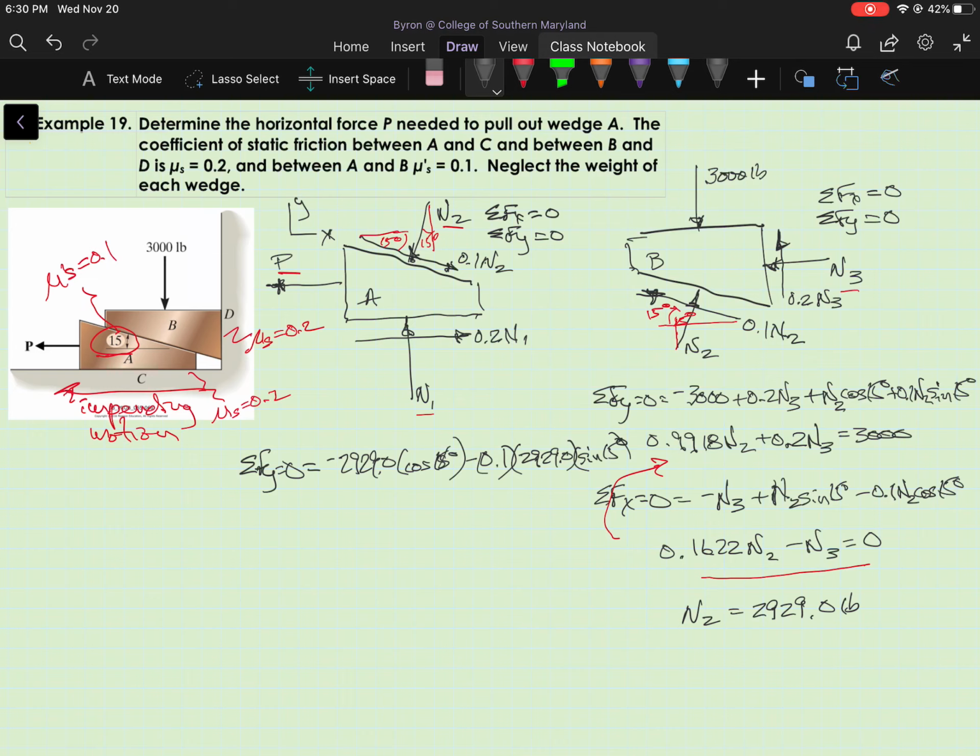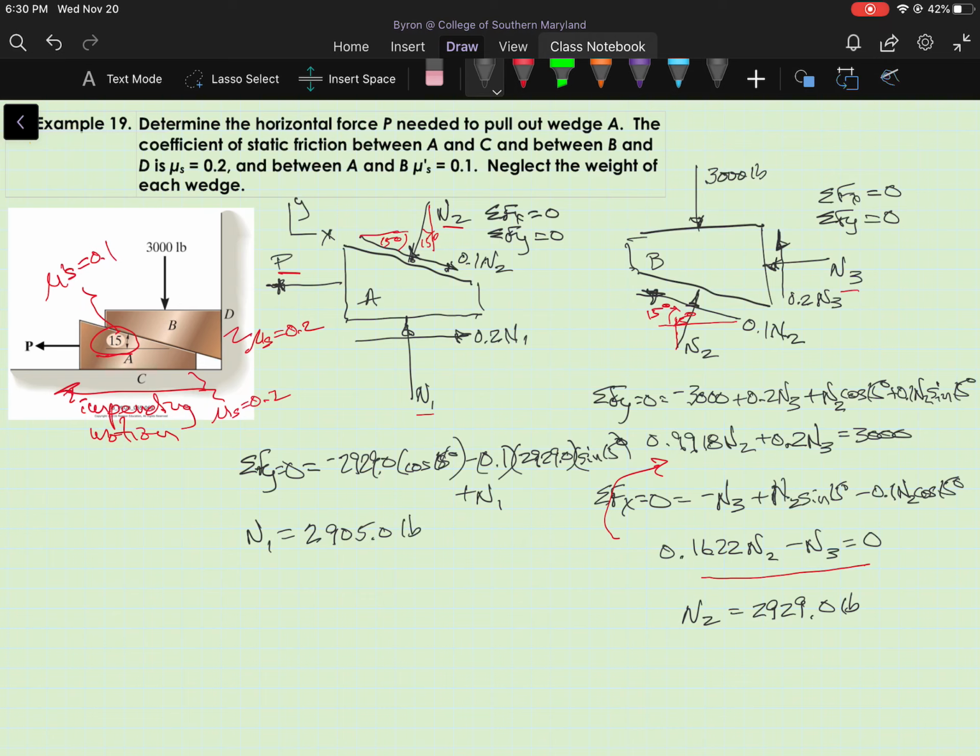I'm sorry, I should have started that equation further to the left. I'm going to stick the plus n sub 1 down here. So that's all the forces in the y direction. And I've only got one unknown there. So I can solve for n sub 1, and that equals 2905.0 pounds.